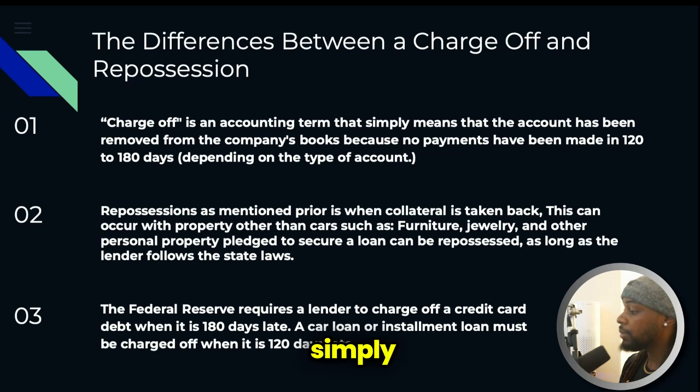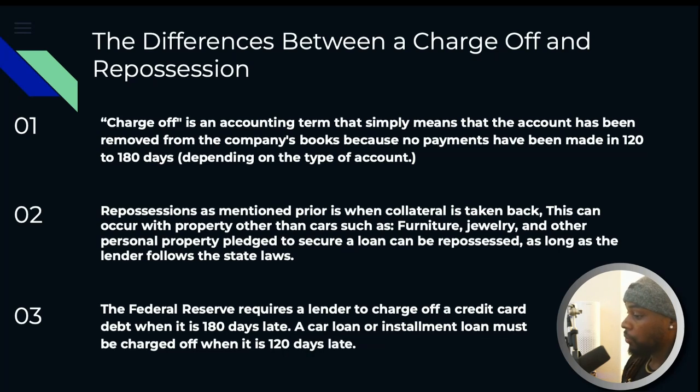A charge off simply means that the account has been removed from the company's books because no payment has been made in between 120 to 180 days, depending on the type of account. If you let a credit card go for 180 days, by federal law, it has to be charged off. For vehicles, it's 120 days. It has to be charged off because you have not made a payment.